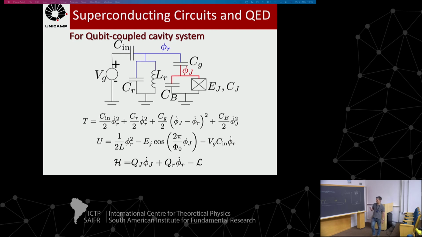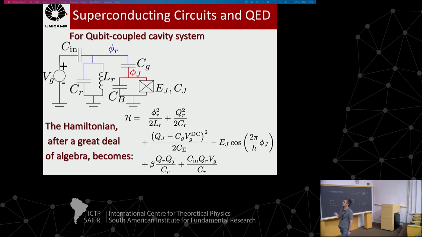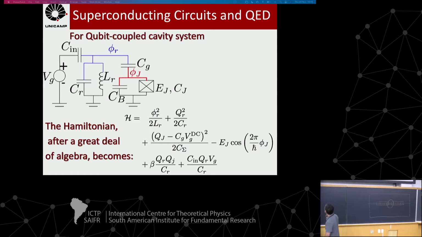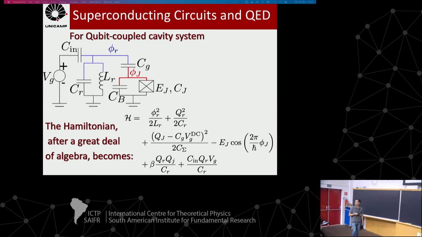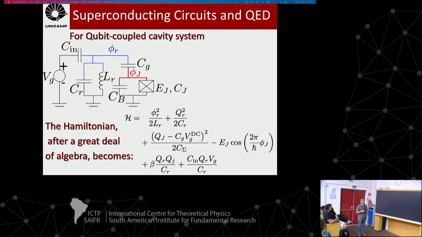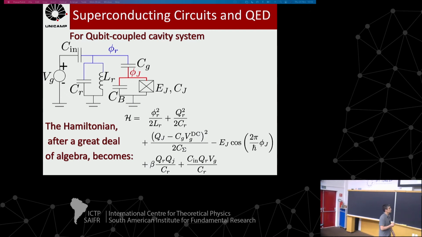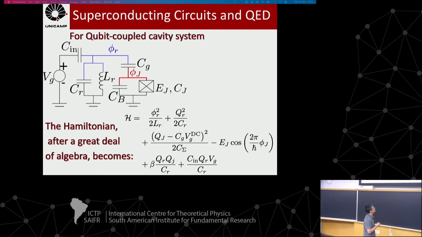Okay? Then you write the Hamiltonian of the system, and after some math, you arrive at this equation here. Guys, this case here is semi-classical, okay? Describing the behavior, the Hamiltonian of this circuit here. Okay?